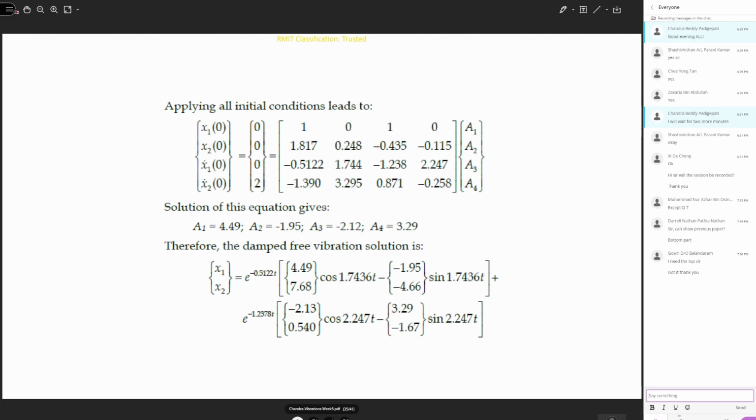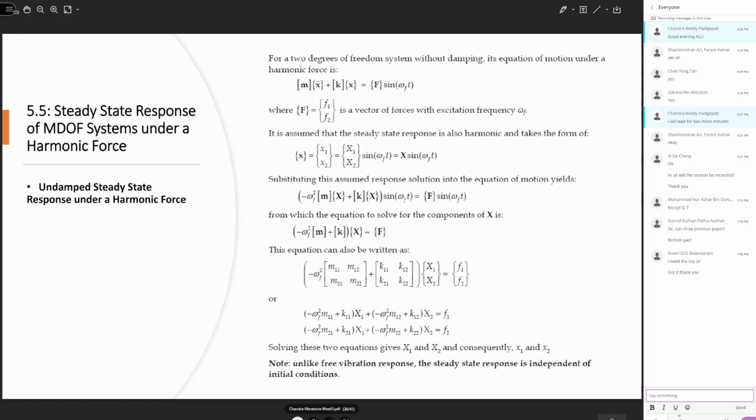So for the final solution, you may have to solve a 4 by 4 determinant here. So four simultaneous equations you get, and solve the coefficients A1, A2, A3, A4, and your final response you can write in this particular format. All right, so you have to just follow this example.